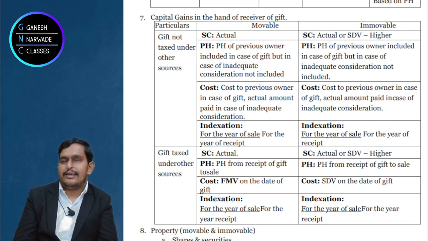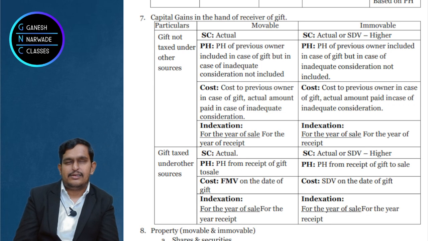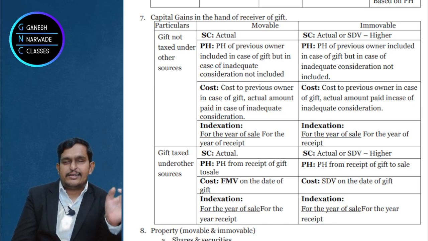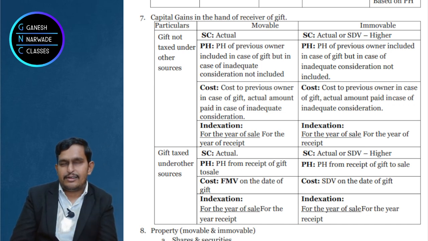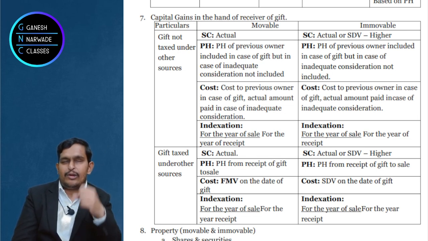Very logical thinking you have to apply to solve the problem. Wait, I'll tell you one more thing. If it is taxed under other sources, suppose you are the receiver, suppose your name I'll take as Shyam. You are Shyam and I gave you a gift.